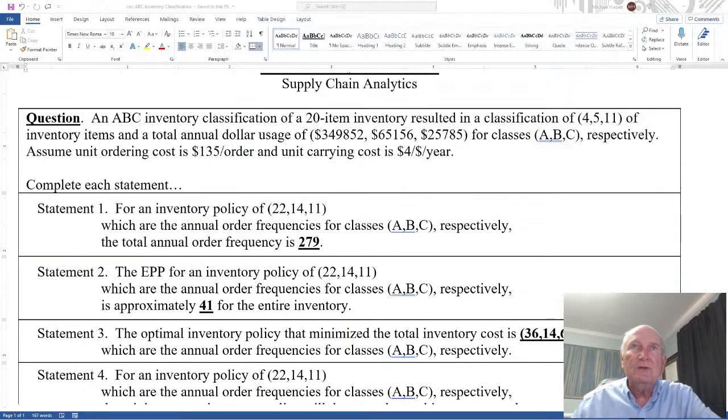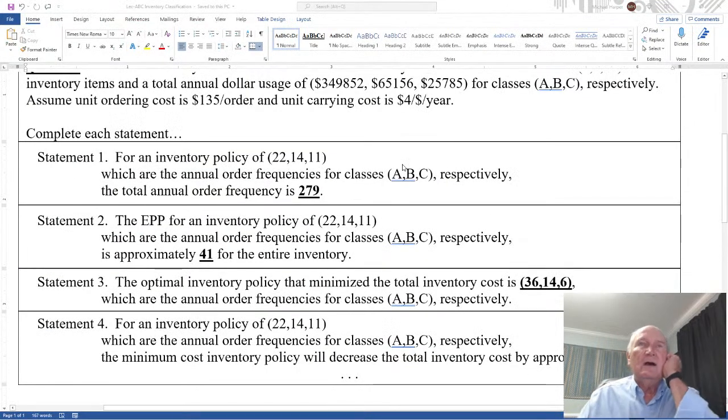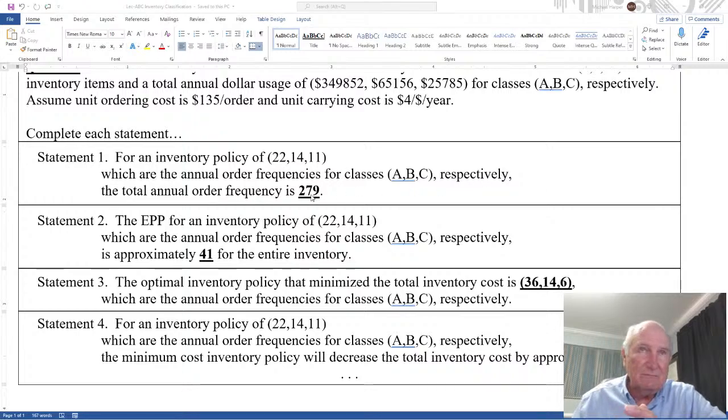Okay, so let's go back to the problem. For the inventory policy 2, 2, 14, 11, which are the annual order frequencies for classes A, B, C respectively, the total annual order frequency is blank. Okay, the EPP for an inventory policy of 22, 14, 11, which are the annual order frequencies for classes A, B, C respectively, is approximately blank for the entire inventory.